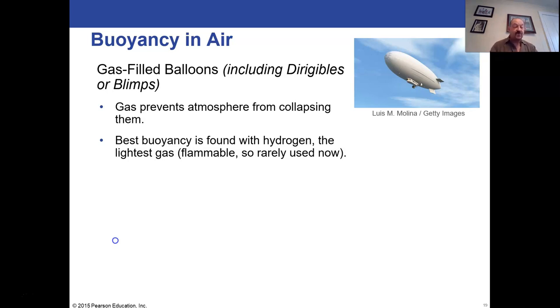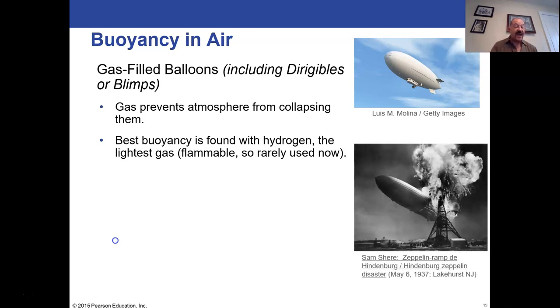That fire is huge. It's very energetic, and unfortunately, this is what happened in 1937 in Lakehurst, New Jersey. It's a very famous event. I'm sure a lot of you have heard of it. It's called the Hindenburg. The Hindenburg was a German Zeppelin, a German blimp that was flying in from Germany to New Jersey in 1937.